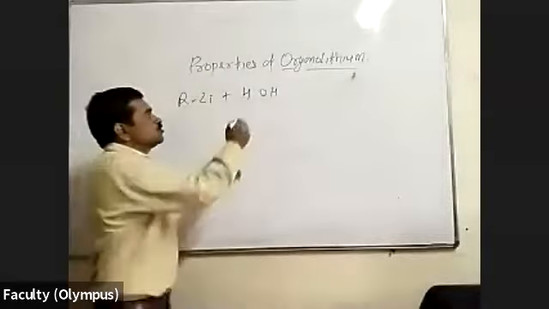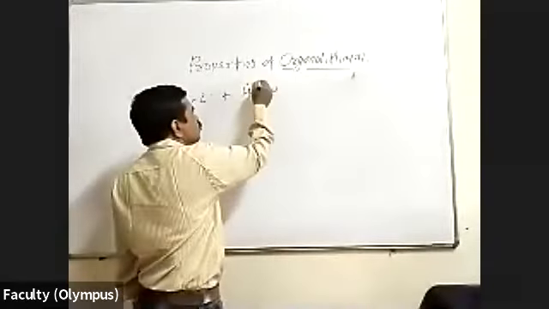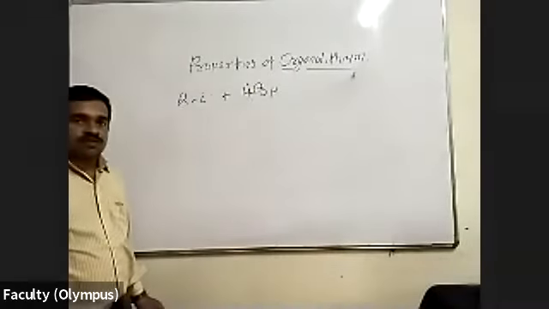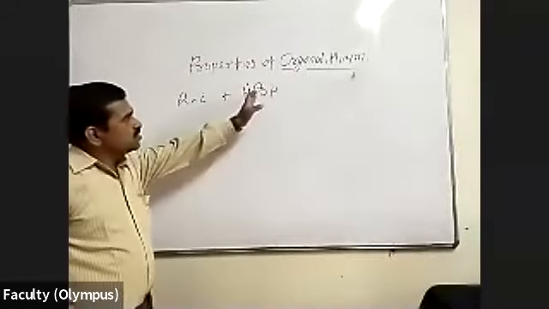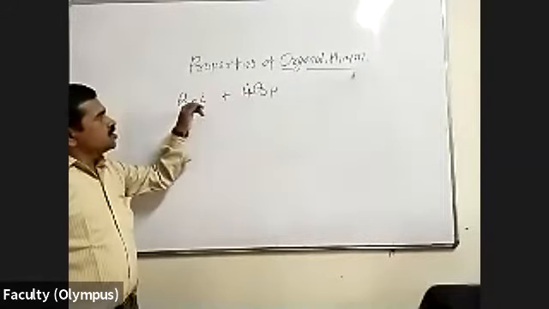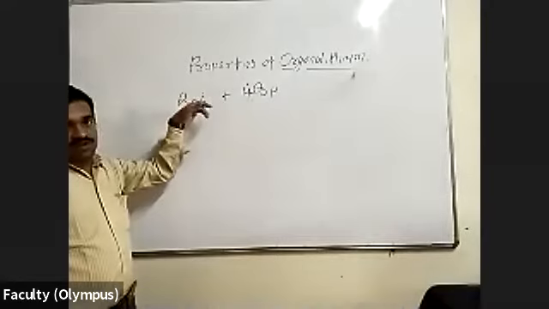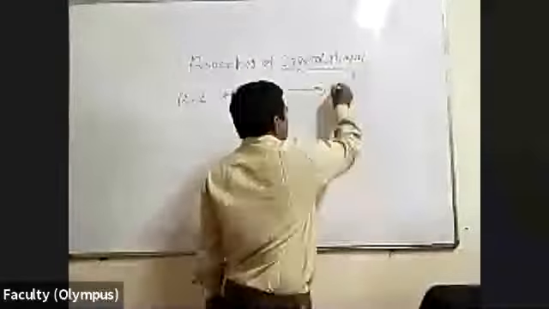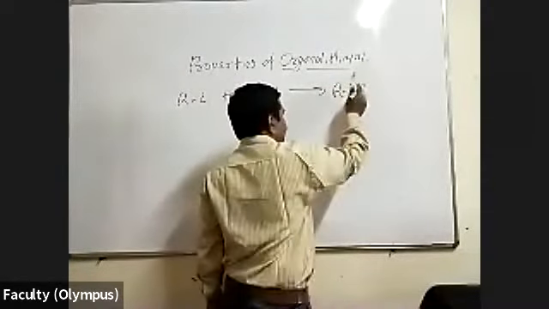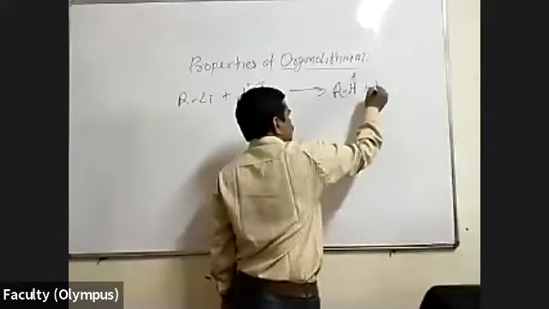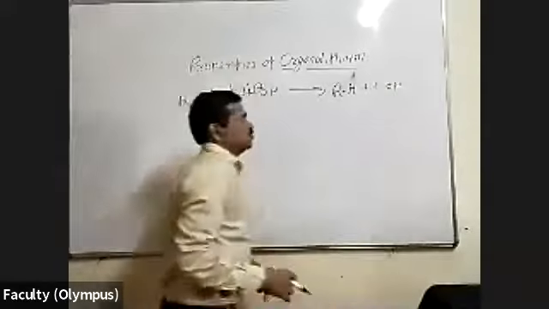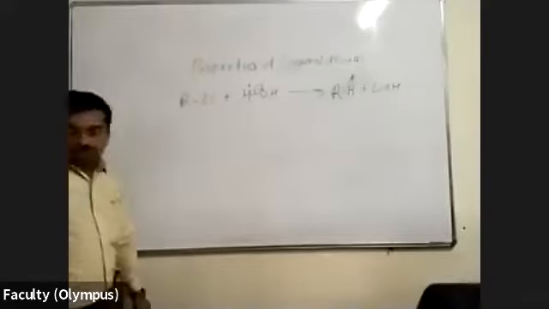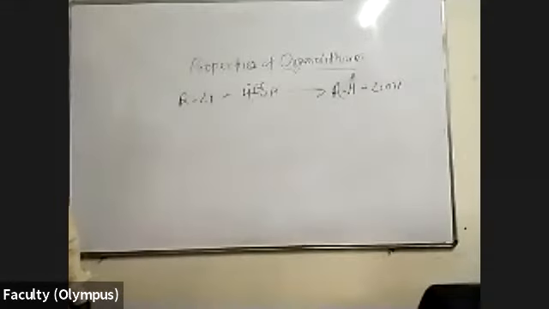Does this dissociate as H positive, OH negative? Its dissociation depends upon the strength of the reactivity of this one. So we get RH plus LiOH. We get an alkane when an organolithium compound reacts with water.